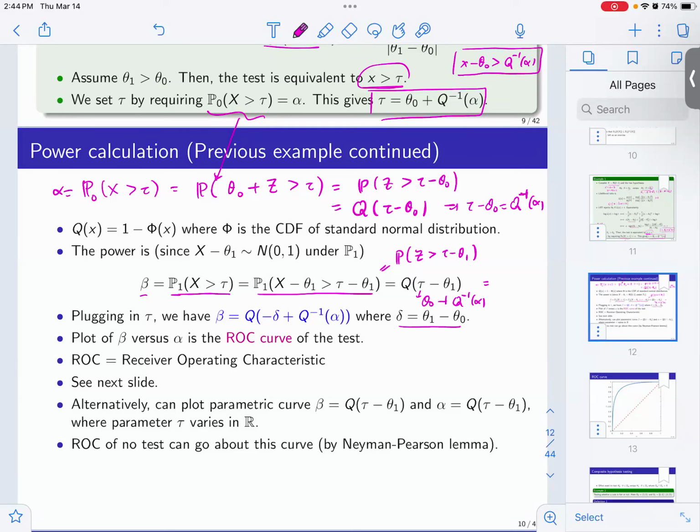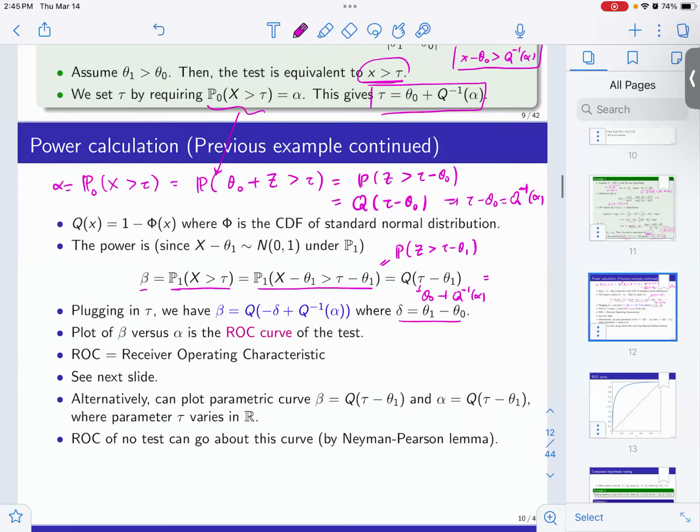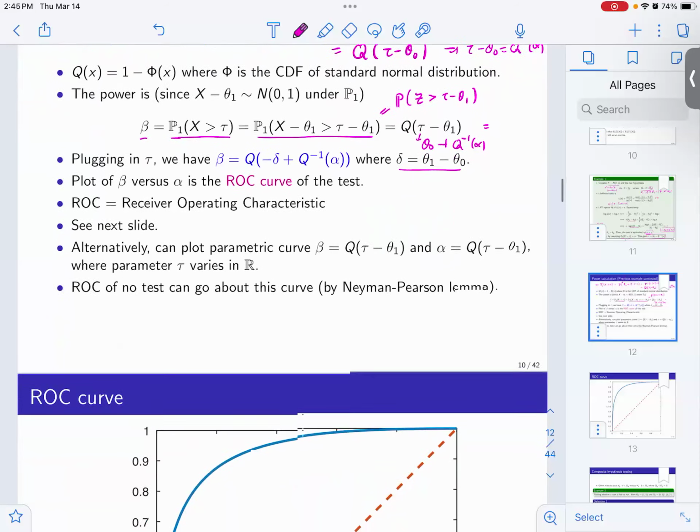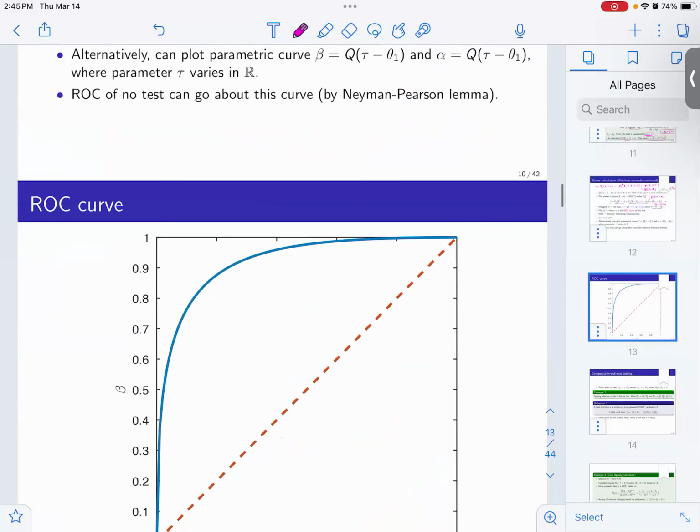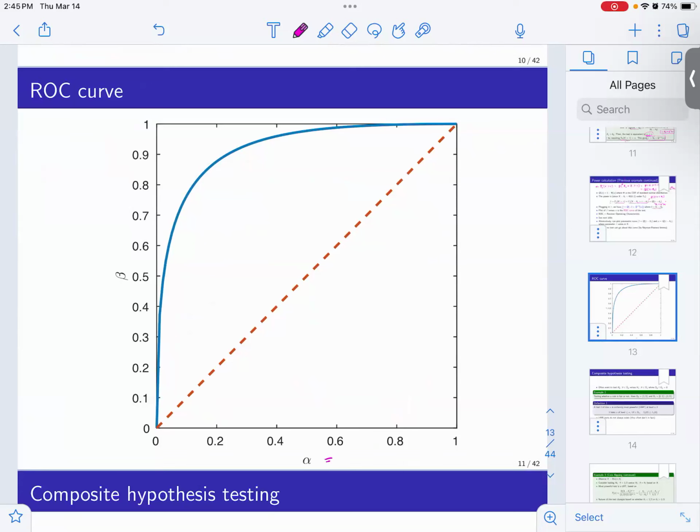So we have calculated a relation between beta and alpha for this most powerful test, and I can plot beta versus alpha. This is called the ROC. Alpha is sometimes called the false positive rate, or type 1 error, or significance level. And beta is the true positive rate, or the power.